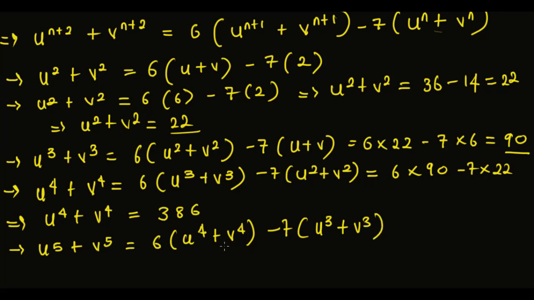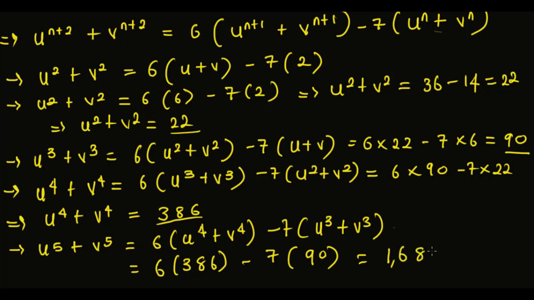Now u raised power 4 plus v raised power 4 is 386 here, and u raised power 3 plus v raised power 3 is 90 over here. So this is just going to be equal to 6 into 386 minus 7 into 90. So using your calculator, you should get 1686, if I'm not mistaken.